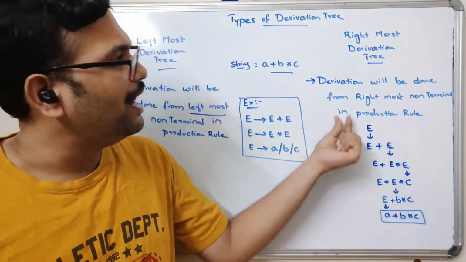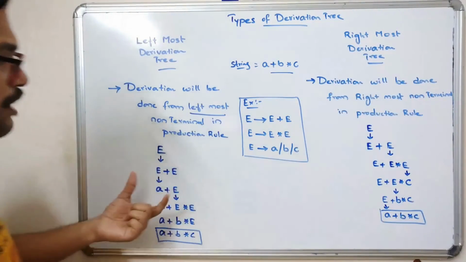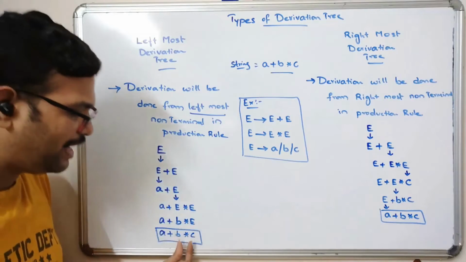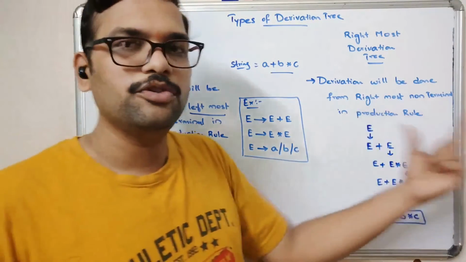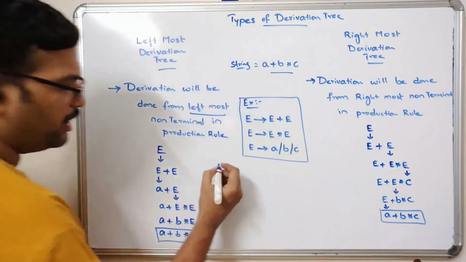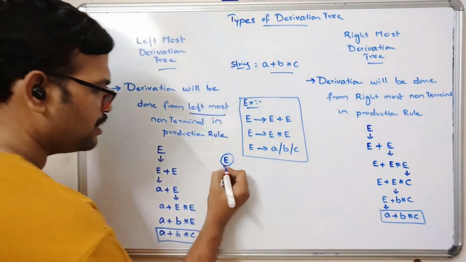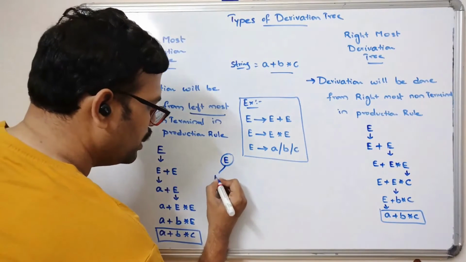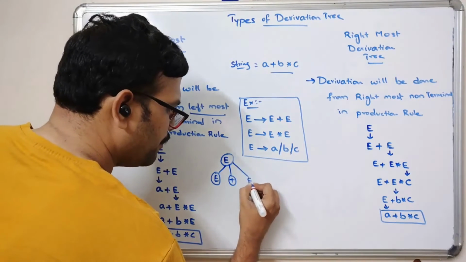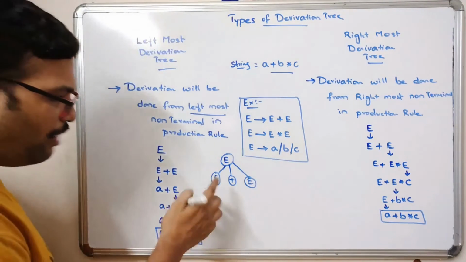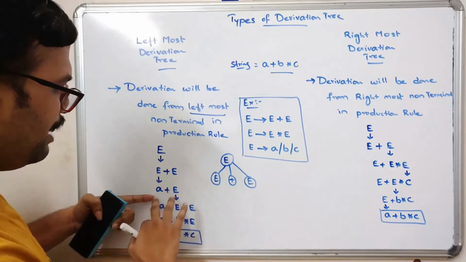By using the rightmost derivation. So here we are deriving the string from the leftmost non-terminals, and here we are deriving the string from the rightmost non-terminal. So simply you can draw the tree. E is a start symbol, that is the root vertex. From this we have divided into E plus E. And again we have derived the leftmost, right?